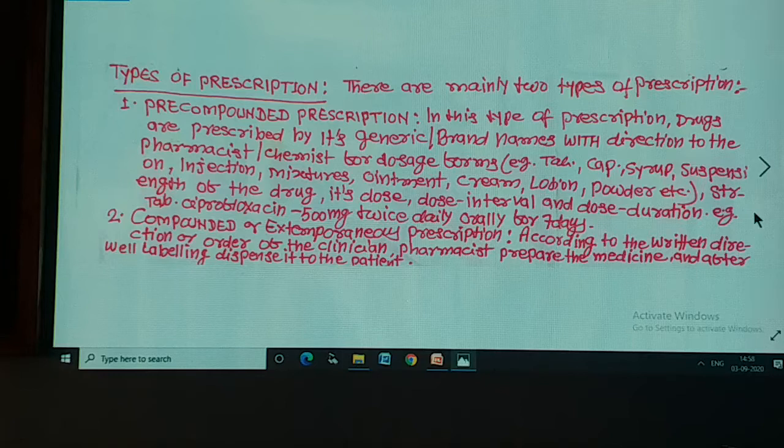Example: ciprofloxacin 500 mg twice daily orally for 7 days.